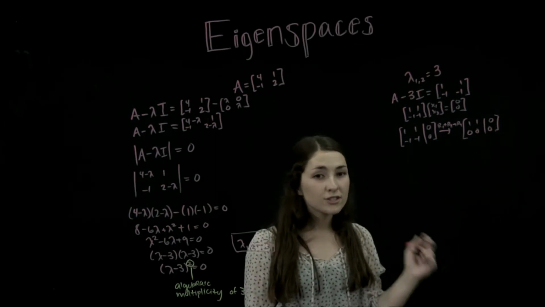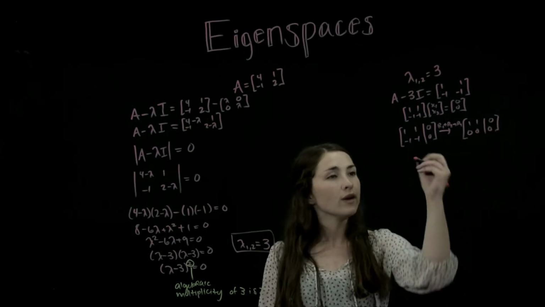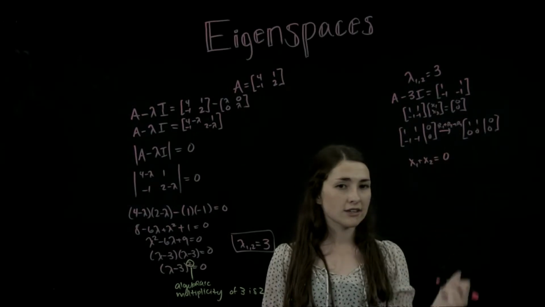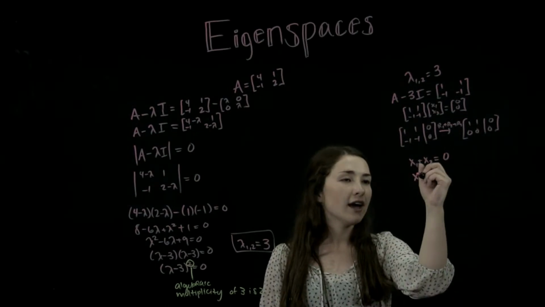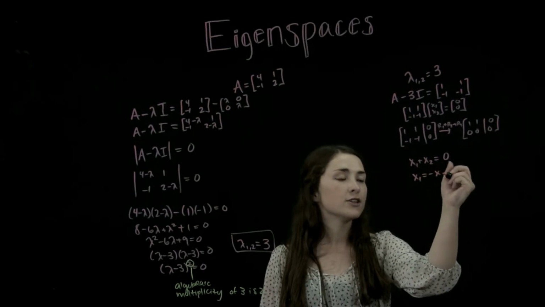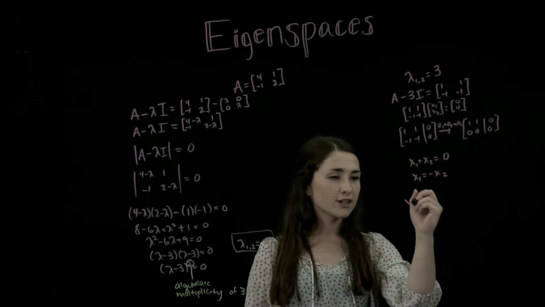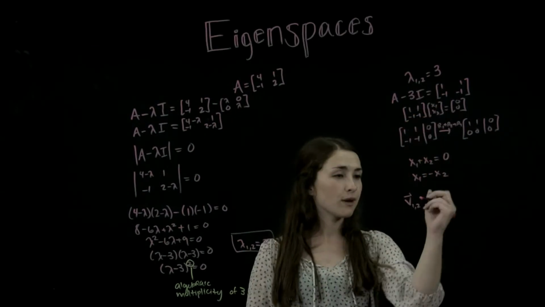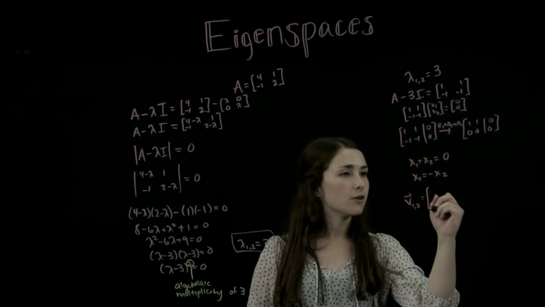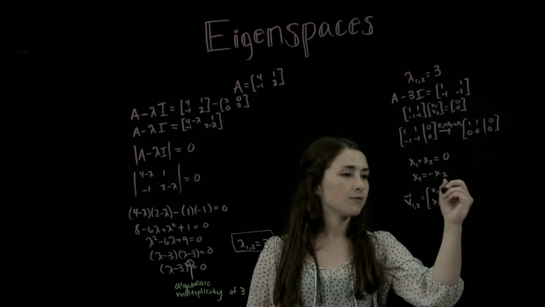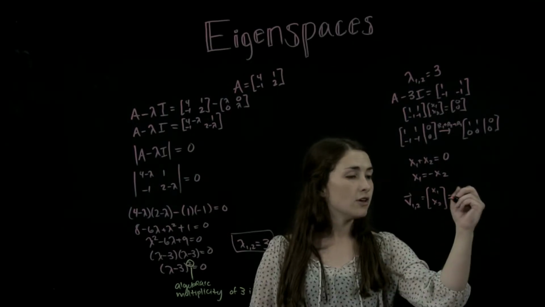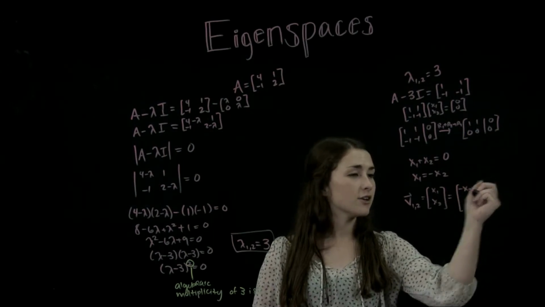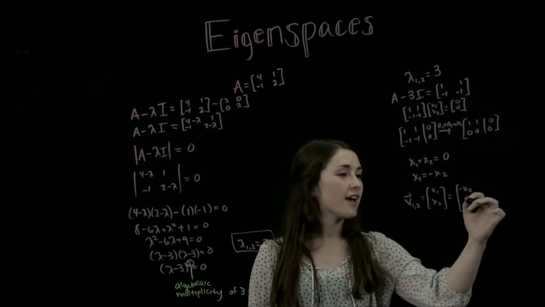Okay, so now from here we see that x1 plus x2 is equal to 0. So then we know that x1 is equal to -x2. So our eigenvector corresponding to our eigenvalue of 3 is going to be equal to x1, x2, which is equal to negative x2, because x1 is equal to negative x2, and we have an x2 here.